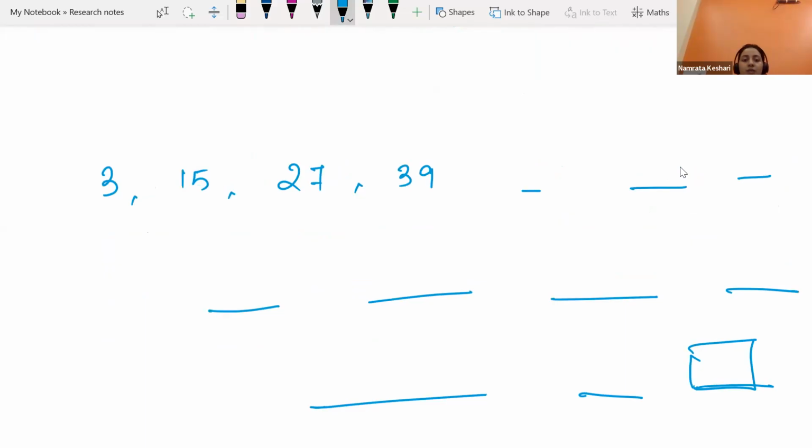Maybe at the 54th place, whatever is sitting, let's check what is sitting at the 54th place. We will be able to find it, right? So the formula for the 54th term will be a plus n minus 1 into d. That means a plus 54 minus 1 into d, that means a plus 53 into d.